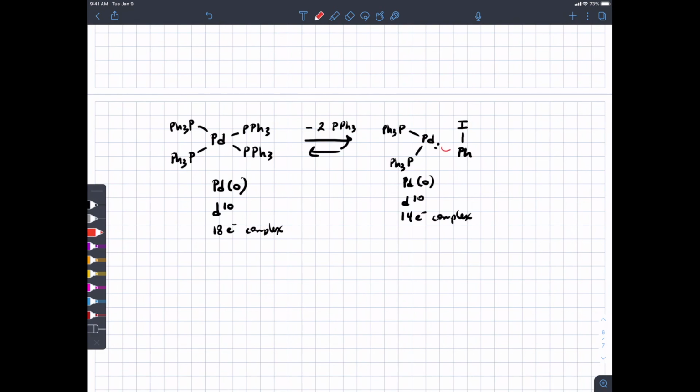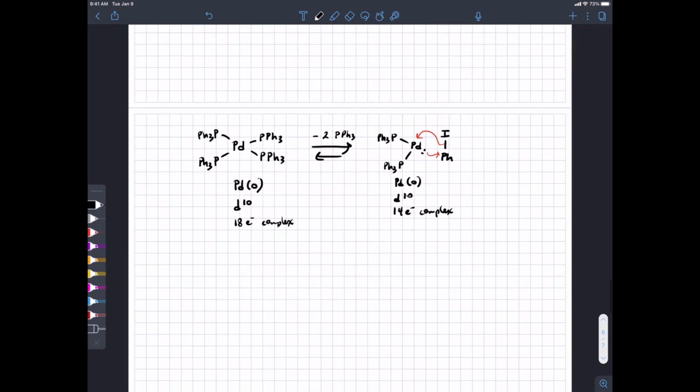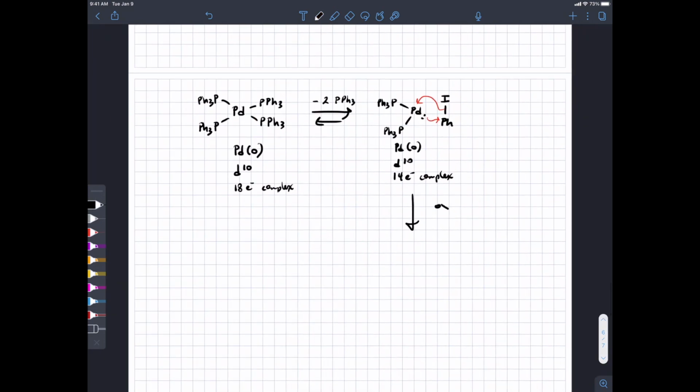We're going to have electrons from palladium make a new bond with the benzene carbon, and then electrons from the carbon iodide bond make a new bond with palladium. We will call that oxidative addition. The new complex is still neutral, only we've gone to palladium 2 because we have 2 X-type ligands there.